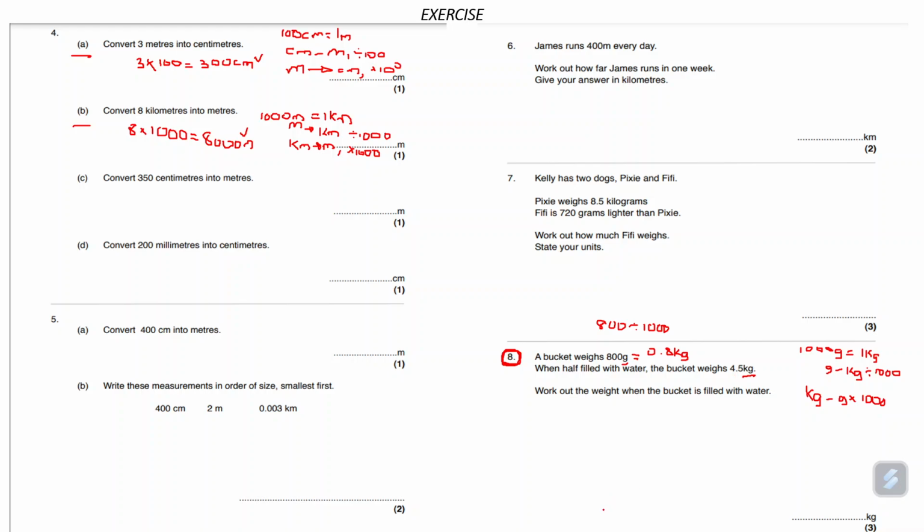To do that, we say 4.5 kilogram minus 0.8 kilogram, because we are trying to get the actual weight of the water.